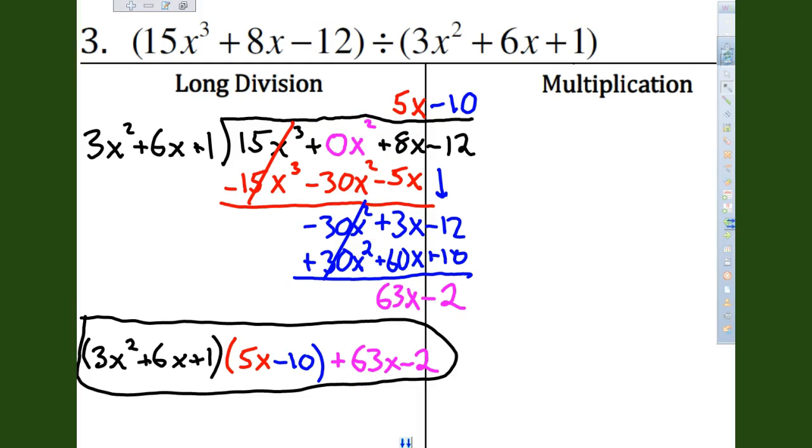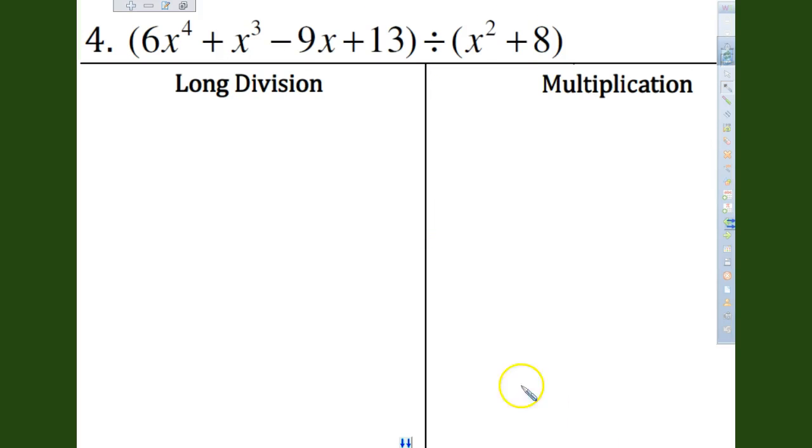Right? The next one, number 4, you'll see it skips an exponent in both the divisor and the dividend, both of them. So like here you can see it goes from x to the 4th, x to the 3rd, skips x to the 2nd, goes to x, then 13. But also over here, the divisor, it goes from x squared directly to 8, and it skips the x. So what we're going to do, though, is not change the first part.